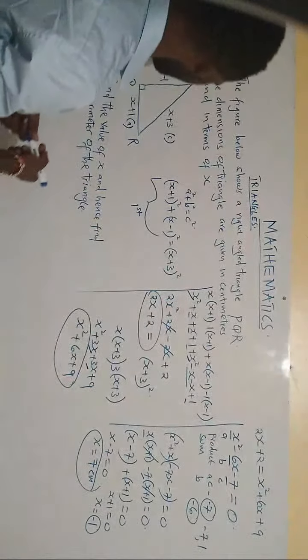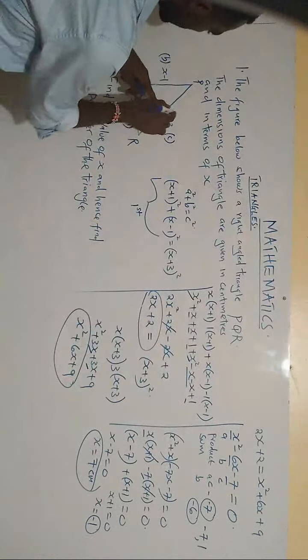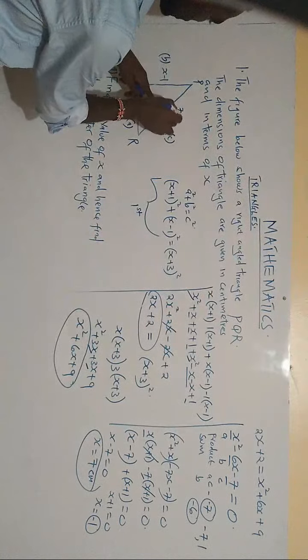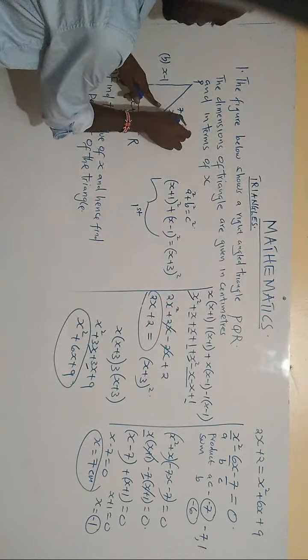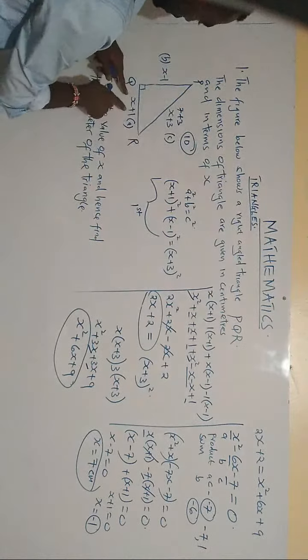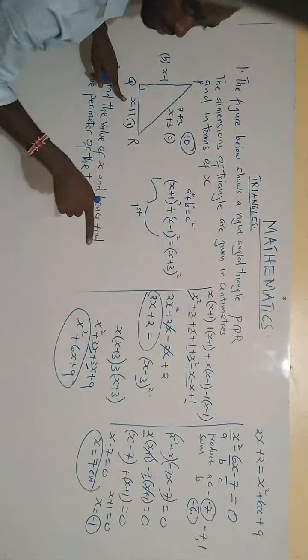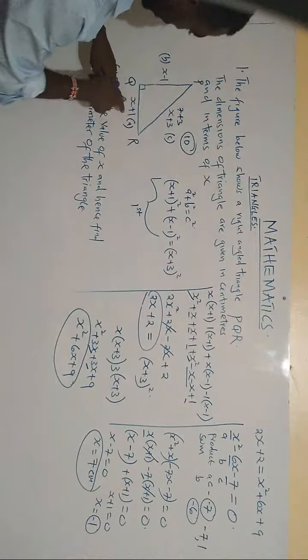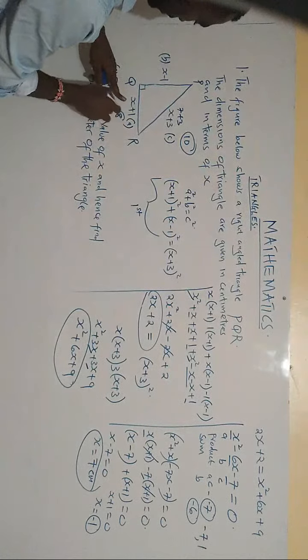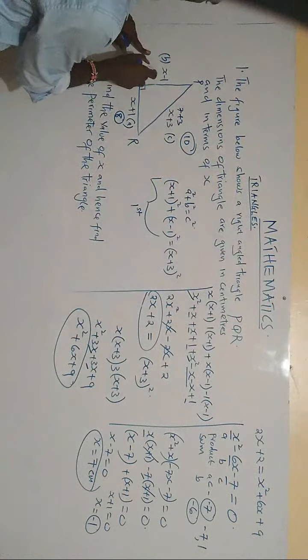So we can substitute here. The hypotenuse is 7 plus 3, that is 10. The base is 7 plus 1, it is 8. Then the height is 7 minus 1, it is 6.